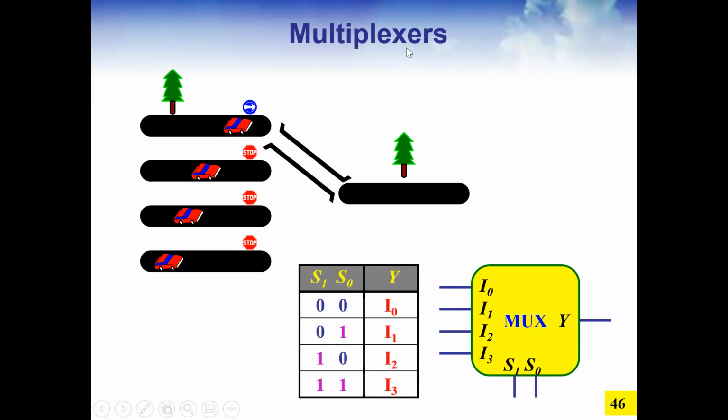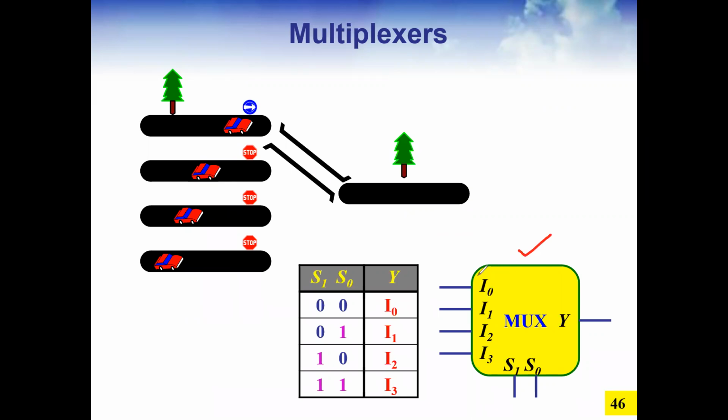Now come to the block diagram of the multiplexer. As I said, inputs are always in power of 2. So 4 inputs means there will be 2 selection lines and 1 output. Is this clear to all of you up to now? Yes. Okay.